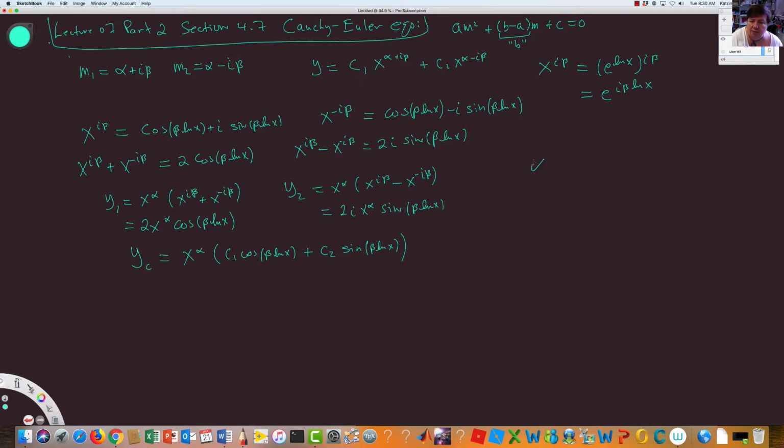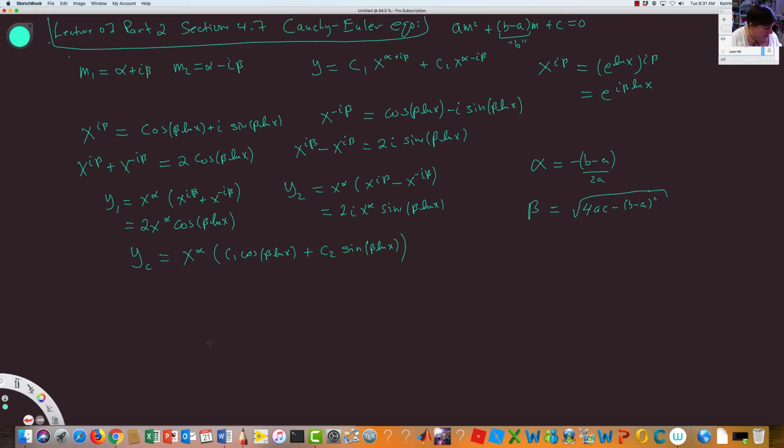Alpha is minus b minus a over 2a, and beta is the square root of 4ac minus b minus a squared, over 2a. I've got to change the sign, so there needs to be no negative sign under the radical. We pulled the i out. Remember that's what beta is.